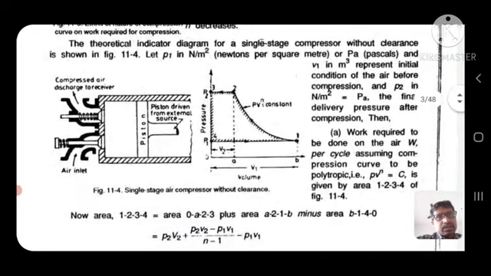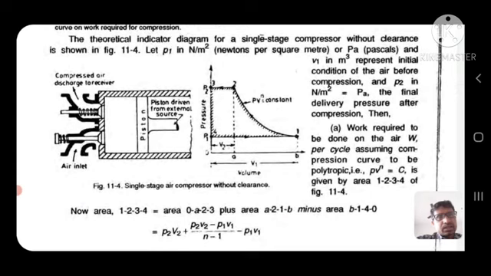The theoretical indicator diagram for a single stage compressor without clearance is shown here.